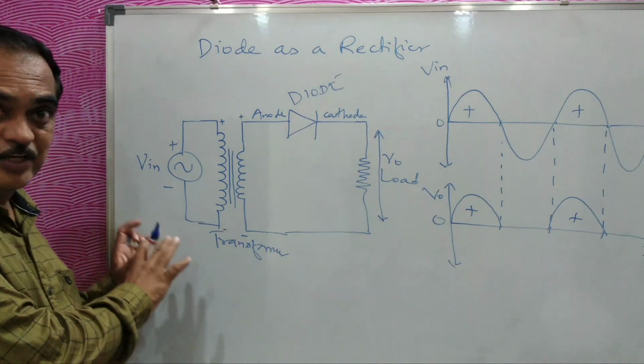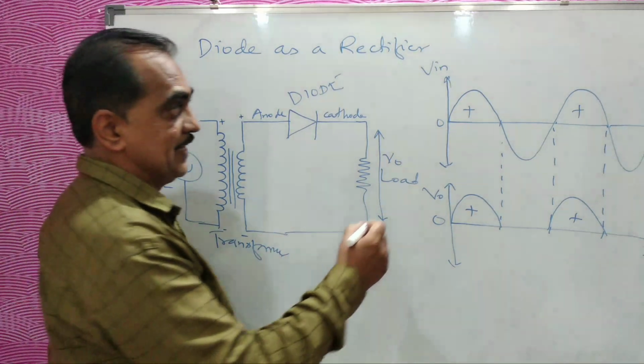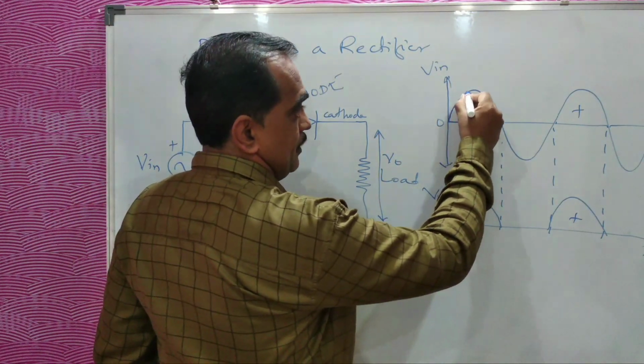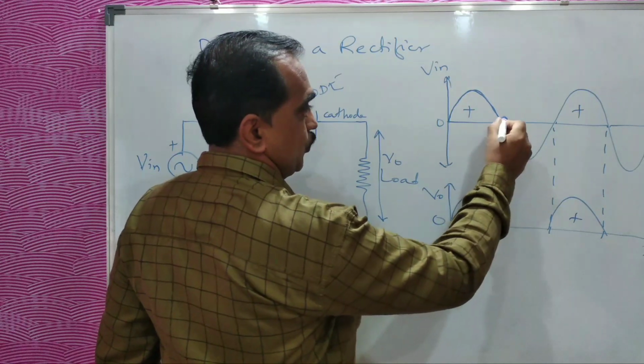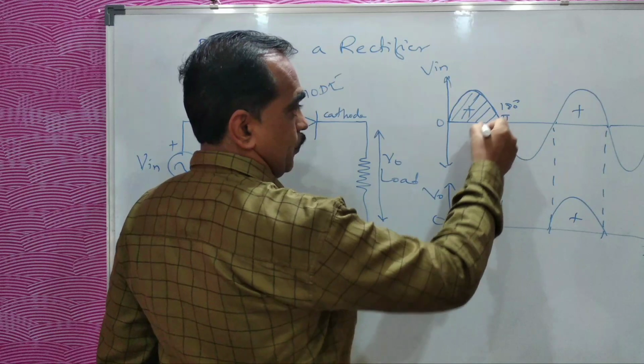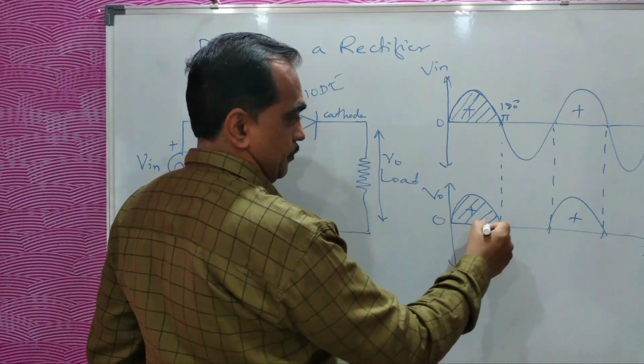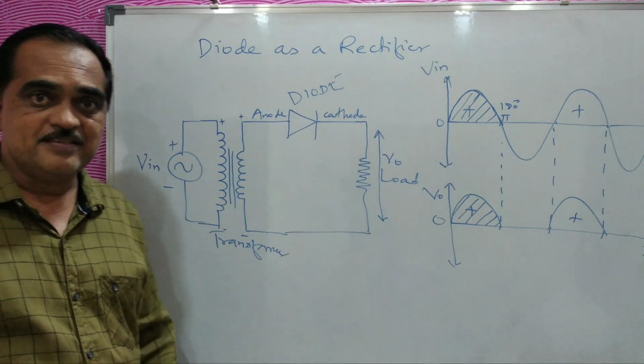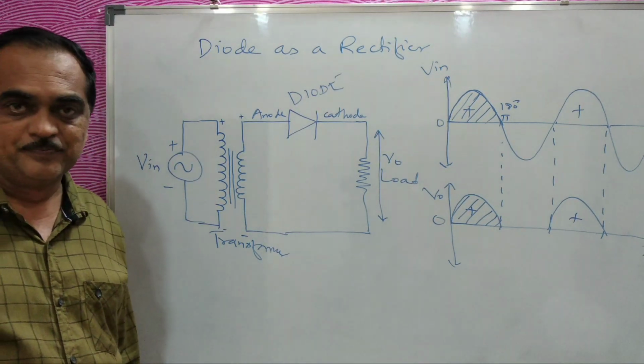It will pass the input to the output. So in this full half cycle, 0 to pi or 180 degrees, this full half cycle will come at the output, because in this case the diode is forward biased.